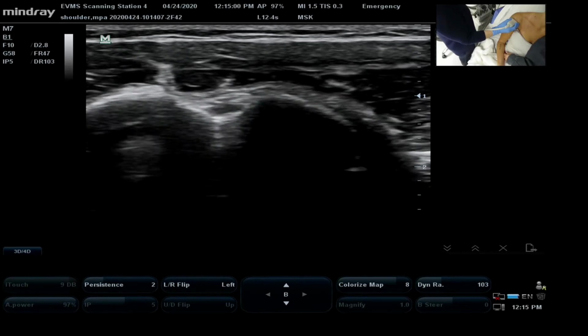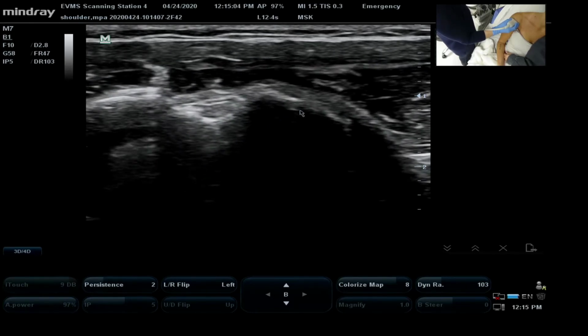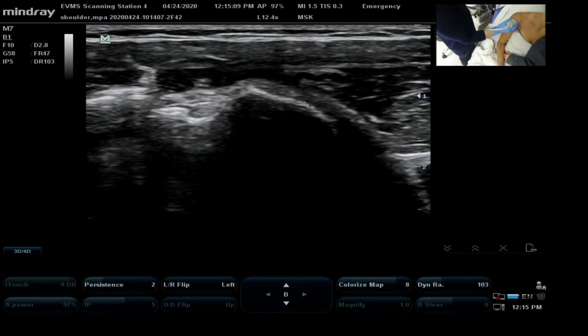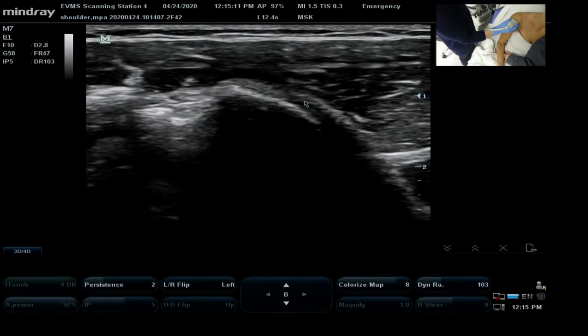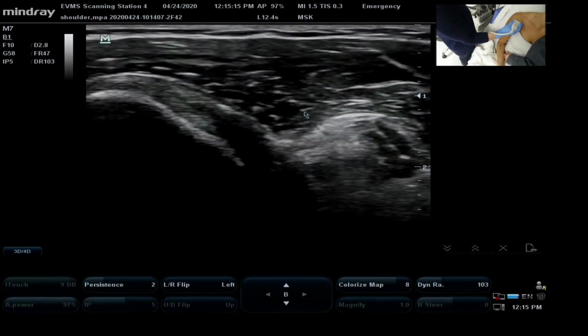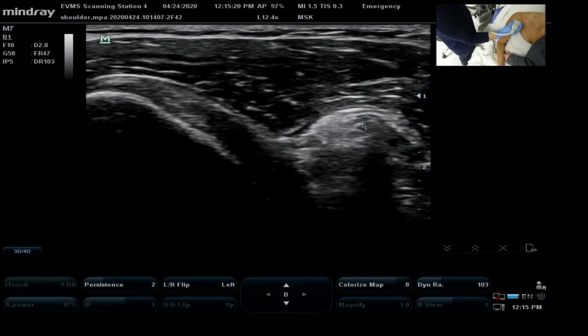And as I pointed out to you earlier, we have our lesser tubercle here, and we already are starting to get a hint of the subscapularis right here. So if I move more medial on my patient, I begin to notice this bony structure here, because that is the coracoid.